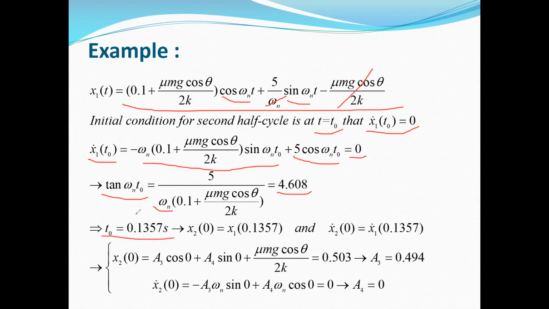So at this time, we can calculate the velocity and also the displacement of x1, which are the initial conditions for the second half cycle.